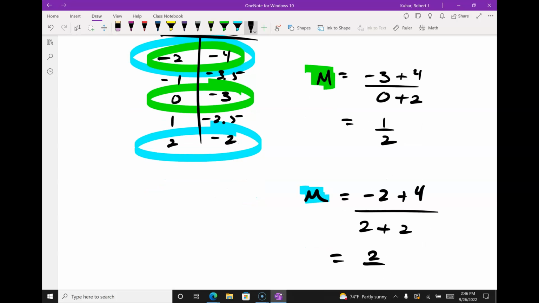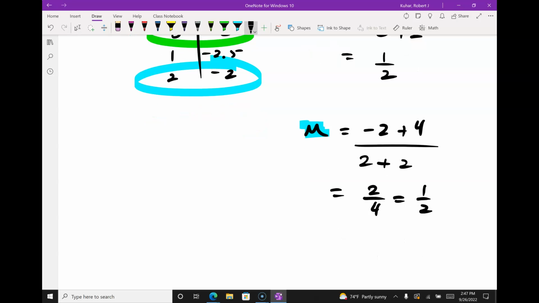So I get 2 over 4, which is again 1/2. Every 2 random points I pick, if they're always the same slope, I know it's linear. The conversation is, are the x values always moving at the same rate? By 1 in this case. Are the y values always moving at the same rate, maybe different than the x's? By 1/2. Right?